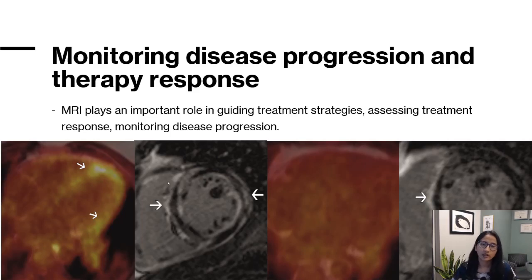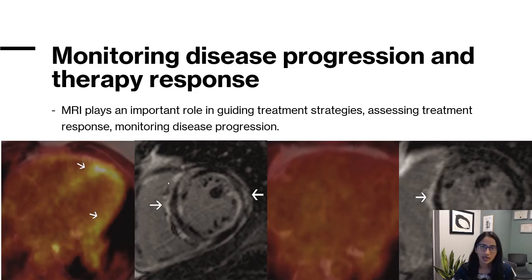MRI plays an important role in guiding treatment strategies, assessing treatment response, and monitoring disease progression. This is an example of a 39-year-old man with cardiac sarcoidosis. The first two images were acquired during the active phase of disease. Axial FDG PET MRI shows diffuse FDG uptake.